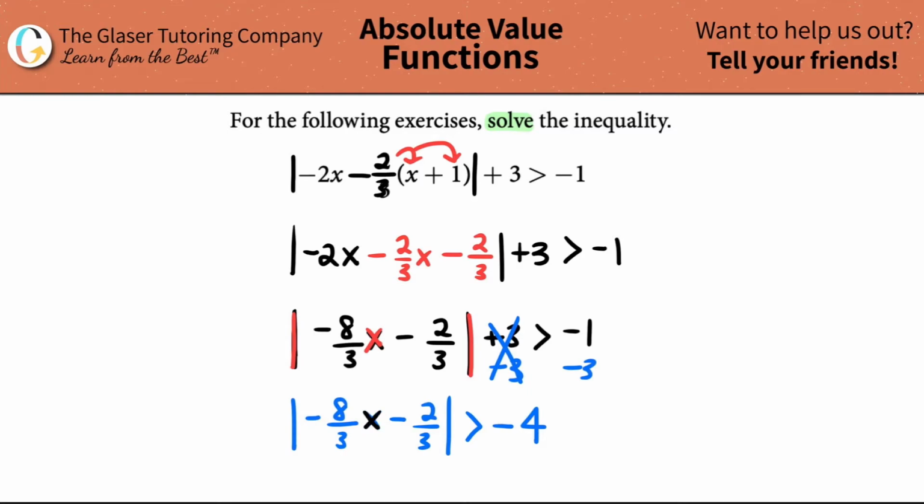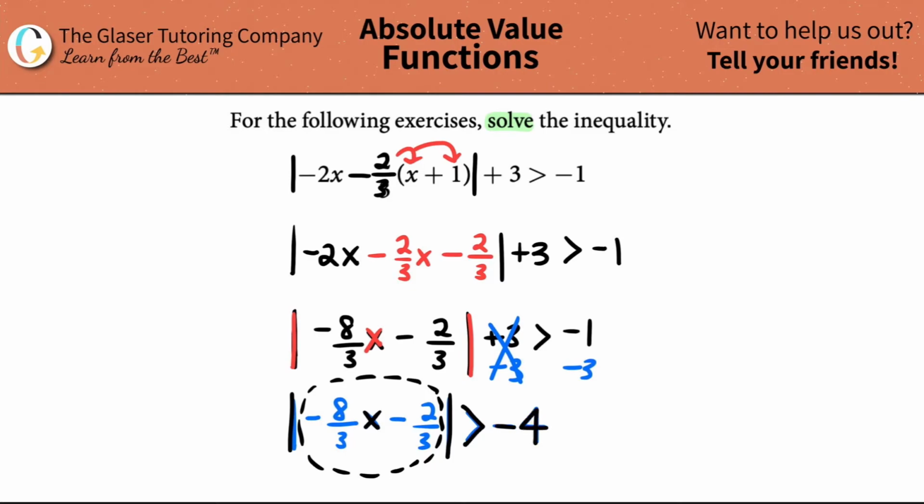Okay, so we're down to this, and we want to solve, which means we want to get x by itself, right? In this case, I just have an absolute value with an x inside, and it's saying that whatever is in the absolute value, even though there are fractions here, don't get turned off by it. It's not hard. It's just saying that whatever number in here is going to be greater than negative 4.